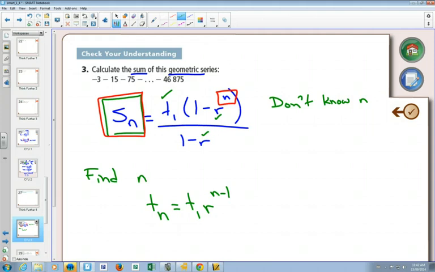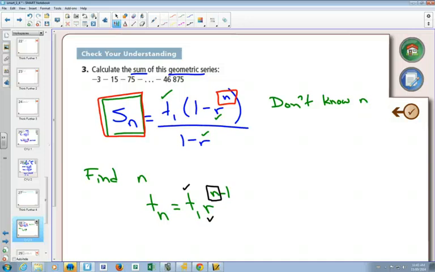There's another formula. Now I'm going to go through that formula and see, do I know everything in this formula? Well, obviously, I want to find n, so this is what I don't know. Yes, I know term 1. That's equal to -3. I know r. That's equal to 5.